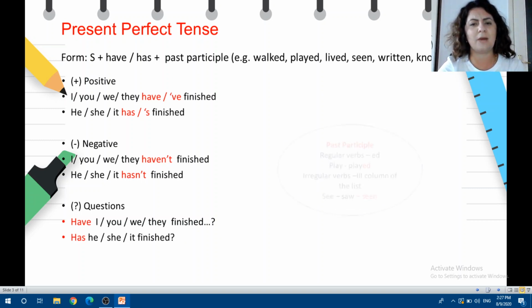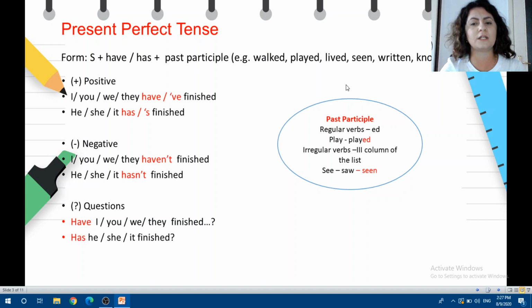Let's quickly remind ourselves of how we form the past participle. We know that for the regular verbs, we add ed to the verb, like in this example: play, played, walk, walked, live, lived. And for the irregular verbs, the past participle has a special form, or we use the third column of the list of verbs.